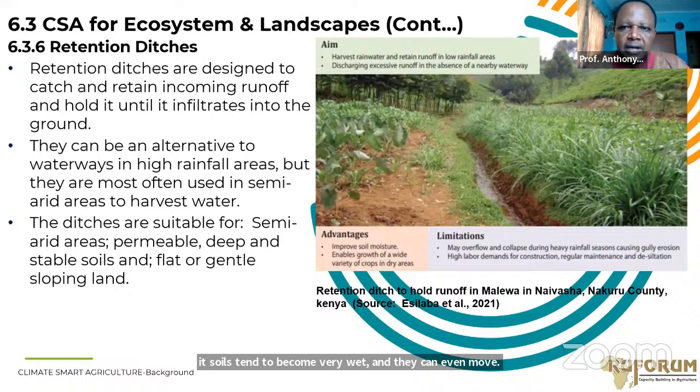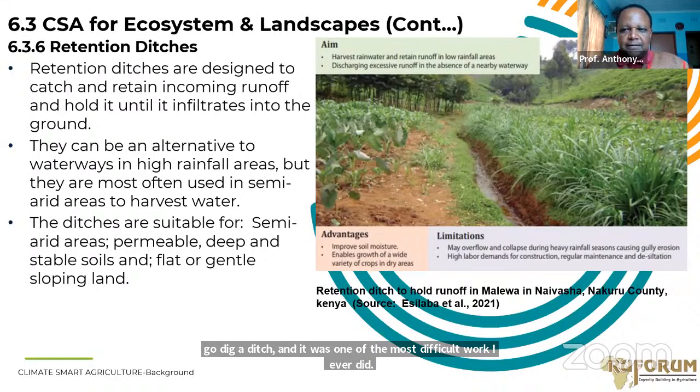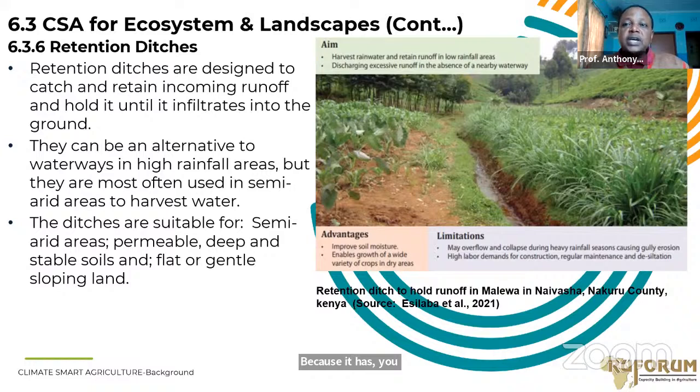So my grandmother told me, hey, you get along with your cousin and go dig a ditch. And it was one of the most difficult works I ever did, because it has to be deep enough to take in all this rainwater and drain it out towards the valley. As you see, this one is going out towards that side.